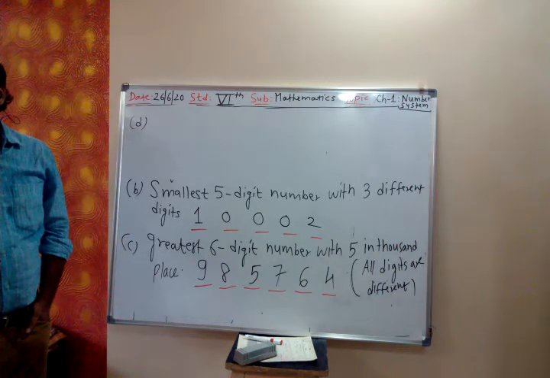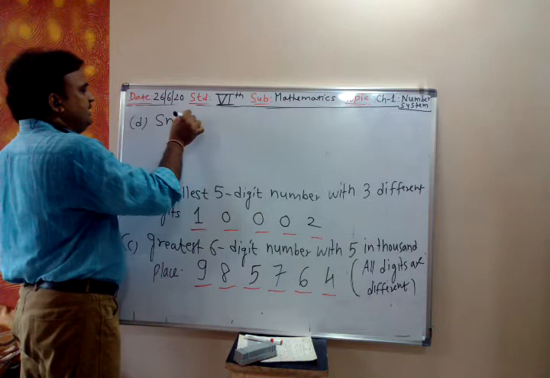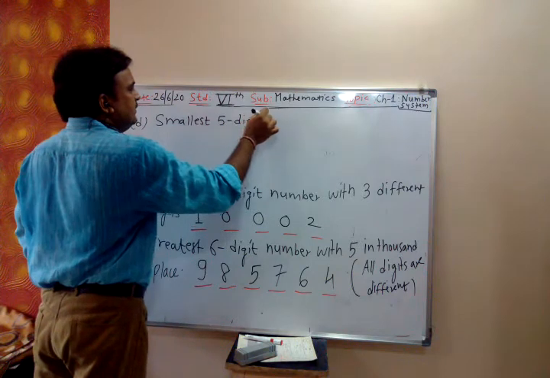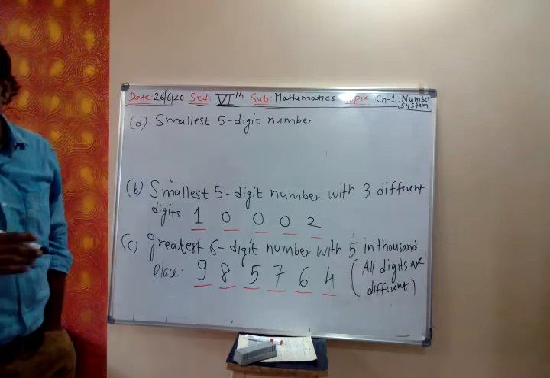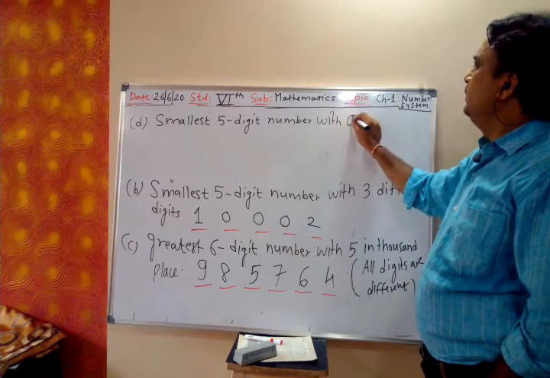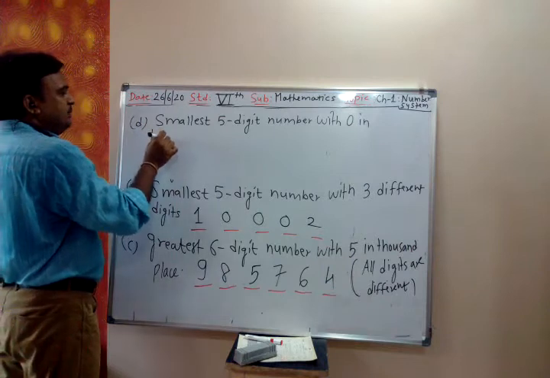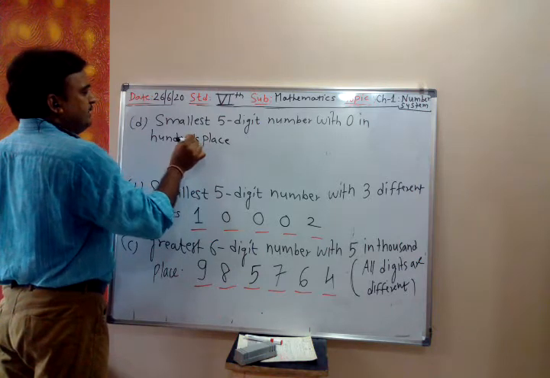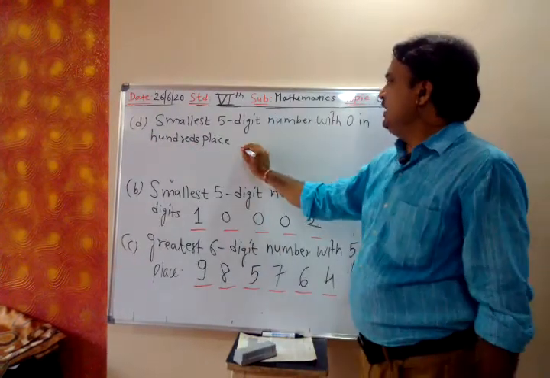Smallest 5-digit number with 0 in 100 place.